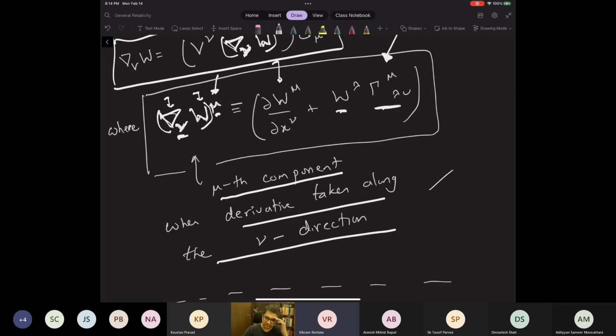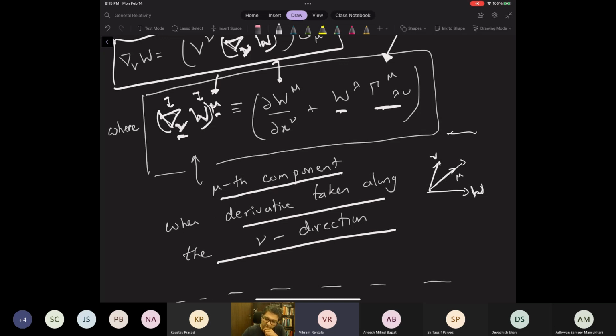So intuitively, there's one direction mu and there's one direction nu, and I have a vector W. I take the derivative of W in the nu direction. As I go in the nu direction, I find out what is the change in W, change being appropriately defined.